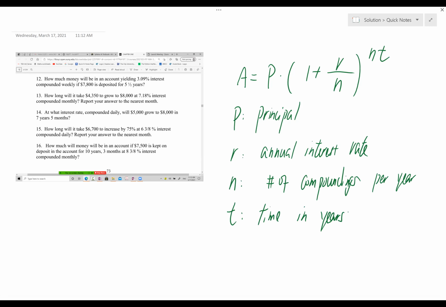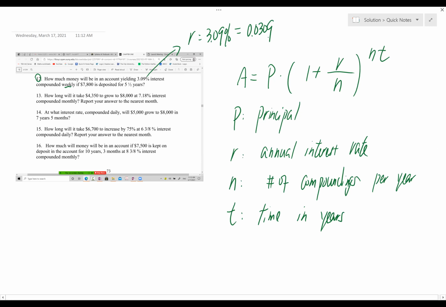Now look at question 12. How much money will be in an account yielding 3.09% interest compounded weekly if $7,800 is deposited for 5.5 years? If you go over the question, we can find the given information. This 3.09% is the annual interest rate, so turn it into a decimal, 0.0309.